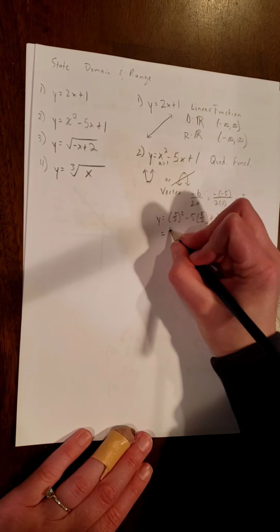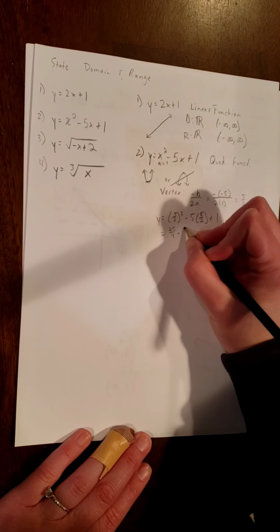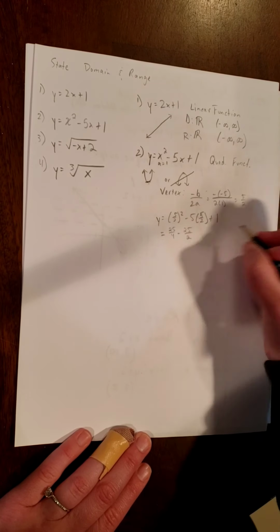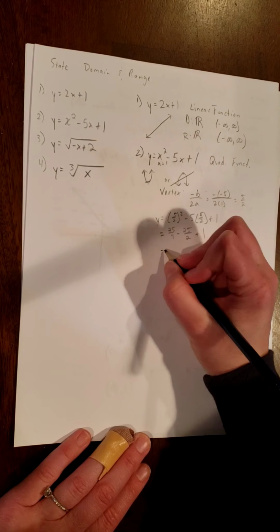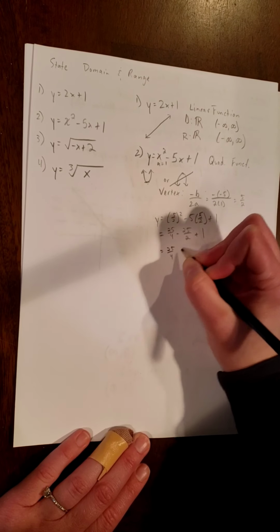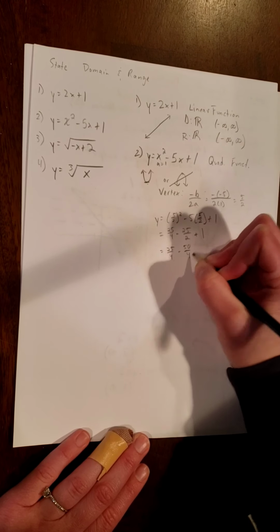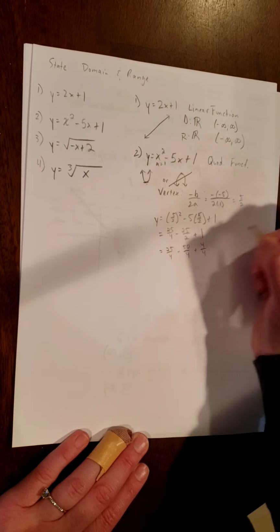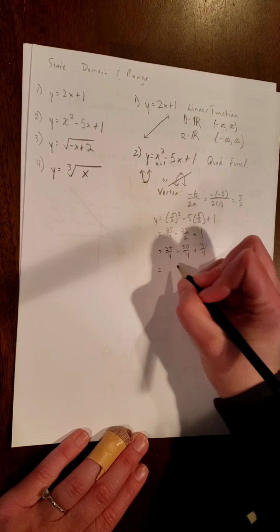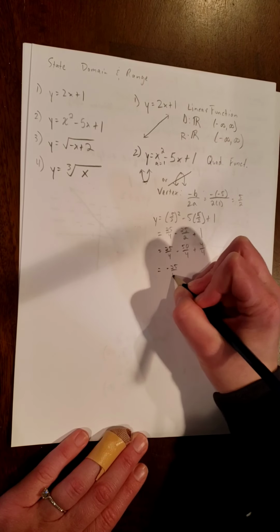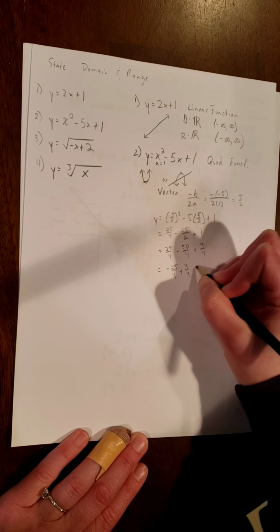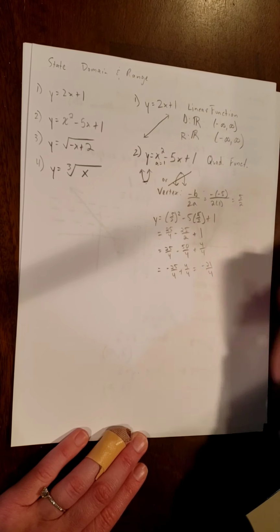And that's going to give us 25 over 4 minus 25 over 2 plus 1. 25 over 4 minus 50 over 4 plus 4 over 4. That's going to give us negative 25 fourths plus 4 fourths. That's going to give us negative 21 fourths.